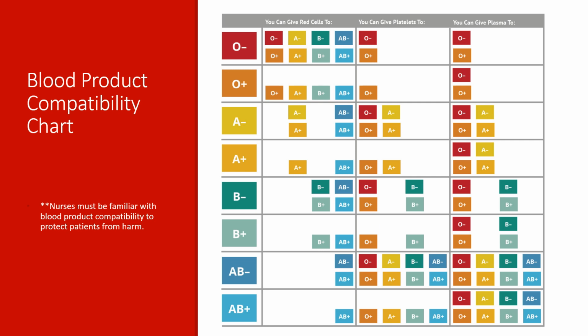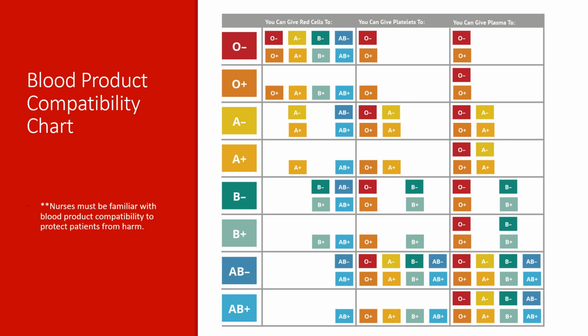They can give plasma only to other O's though, right? Because they have the antibodies to A and B. Okay, let's jump down to the bottom now. Your AB patients have both A and B antigens on their red blood cells.